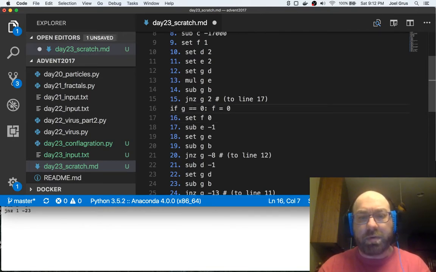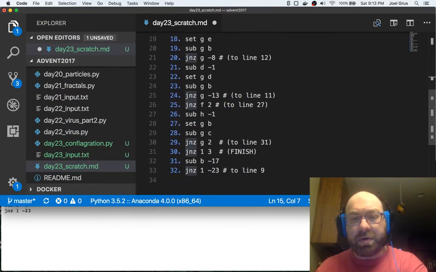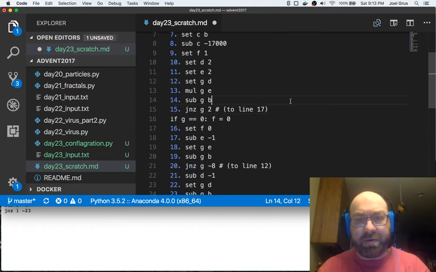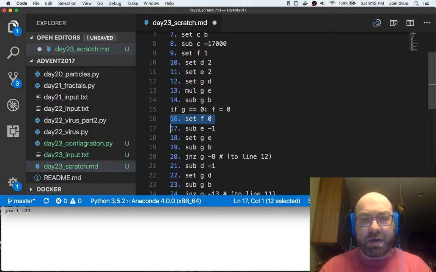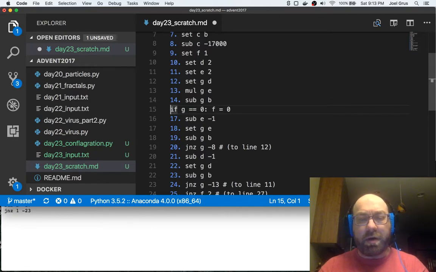If G equals 0, then we don't do the jump, so we set F to 0, and then we go to the next line. Otherwise, don't do anything. And we never jump into the middle here, so we can get rid of lines with impunity. So we can get rid of that and get rid of that. So we've basically rewritten lines 15 and 16 to say if G equals 0, F equals 0.